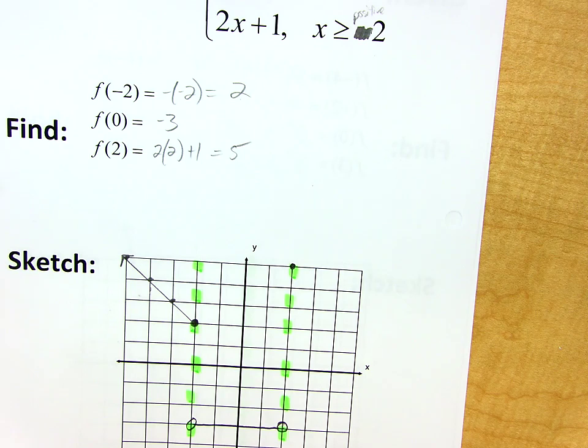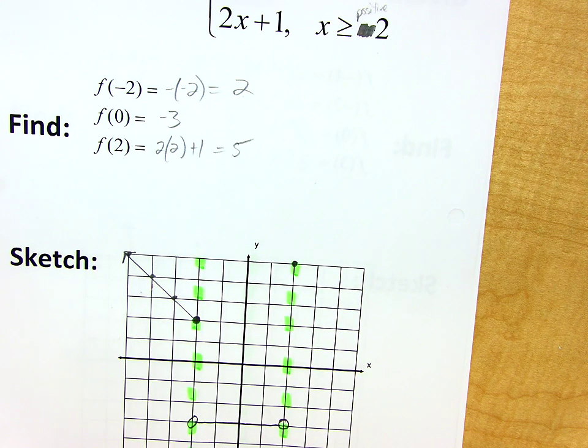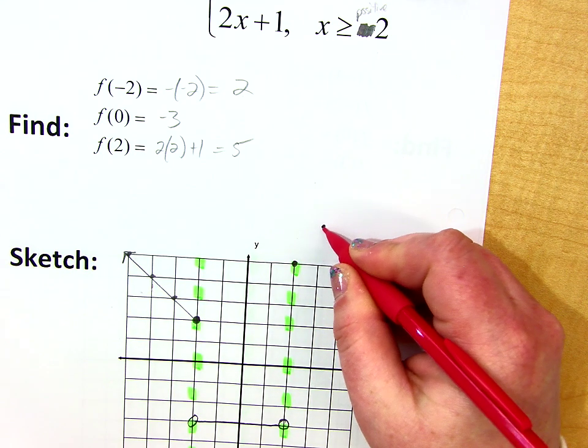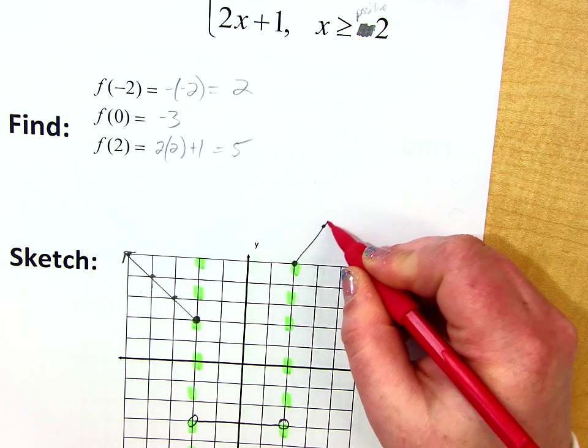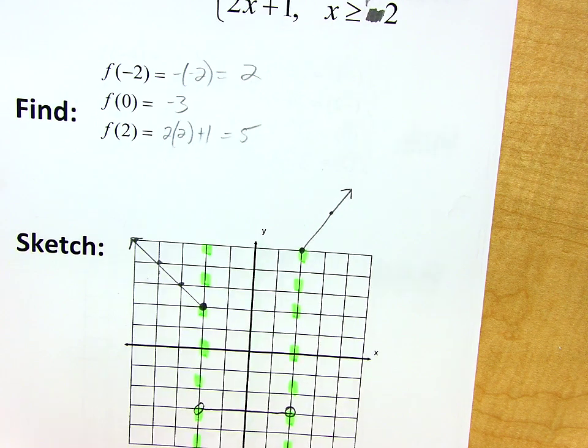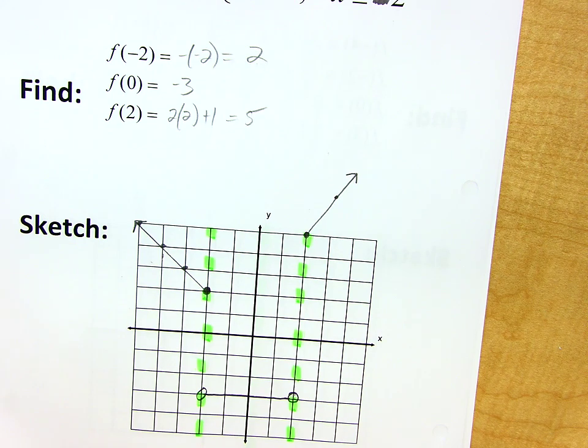So now I have a point on that line, and then I could just follow the slope, which is kind of annoying because it's already off my graph, but I would go up 2 over 1. That would be what that part looks like, even though we're a little bit off. Does that make sense? Okay, so piecewise functions have pieces.